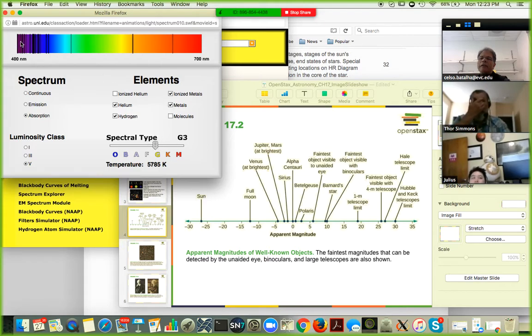Let's keep it there. See all these blue transitions here? Those are ionized metals or metals. They present signature in the blue part of the spectrum.